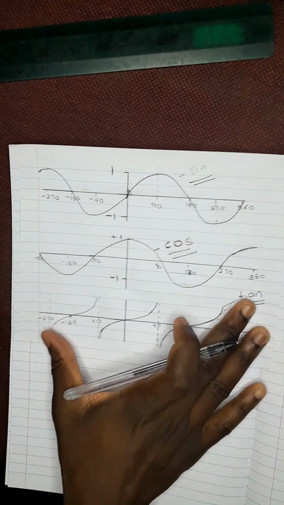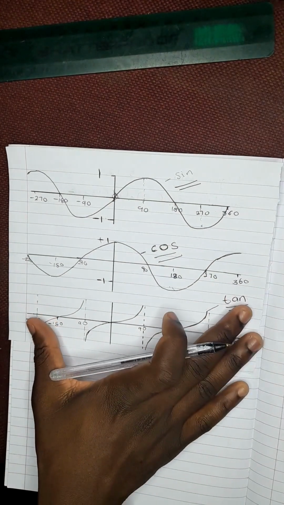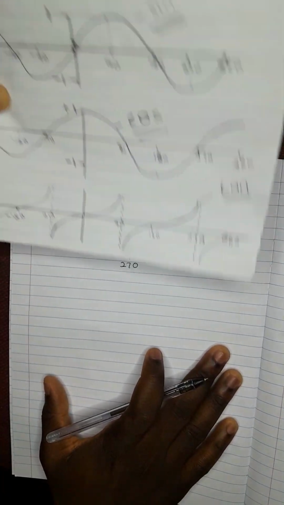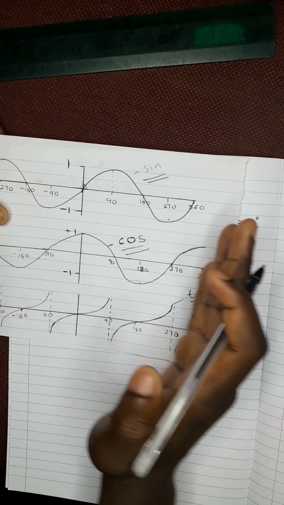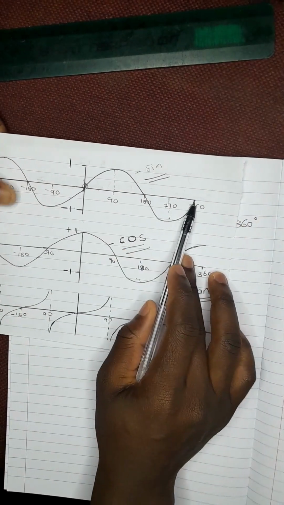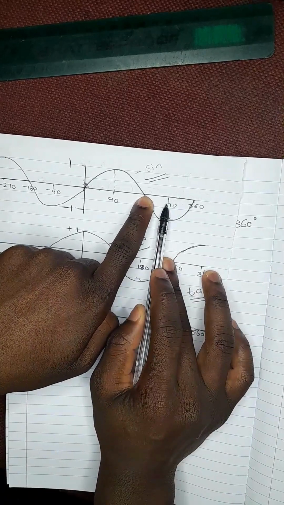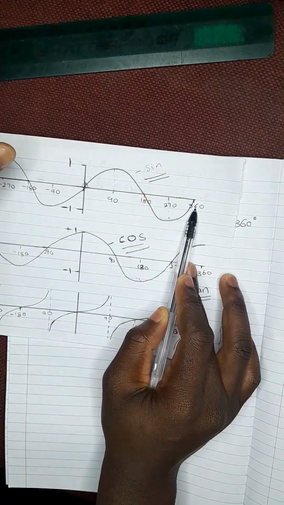We get that from our graphs. Our CAST diagram represents our first period, from 0 to 360.